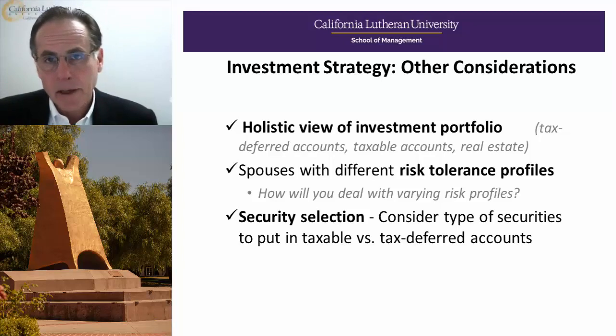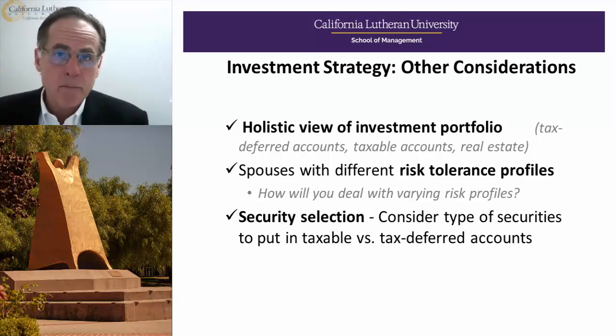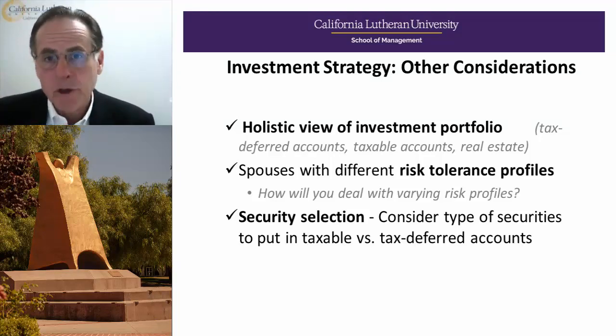You need to take a look at what's in the tax deferred accounts, the taxable accounts, real estate, including the residence, to get a feel of the overall asset allocation at this point in time. You can get a distorted picture by just looking at maybe the account that you're working on. So I believe that holistic view of their entire investments, their entire set of assets, is an important consideration.